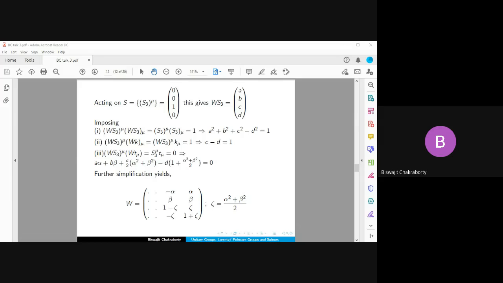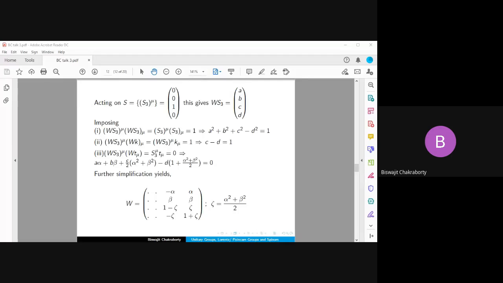Now you know that when you are dealing with this kind of orthogonal or pseudo-orthogonal matrix, all the rows or columns should be independently orthogonal and normalized. So WS3 mu with WT mu should be orthogonal to each other. But WT mu is T mu itself, and so you have to take the Lorentz invariant product S3 mu T mu, and this will give you 0, from where you can get this condition.